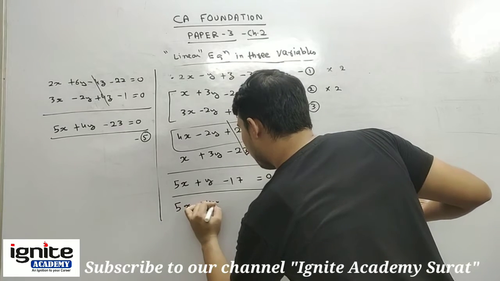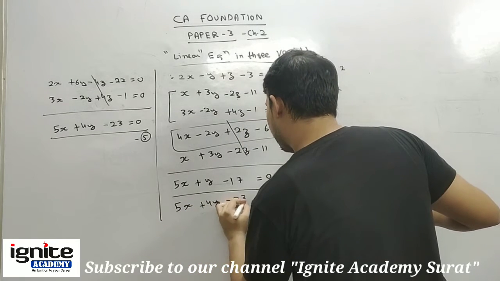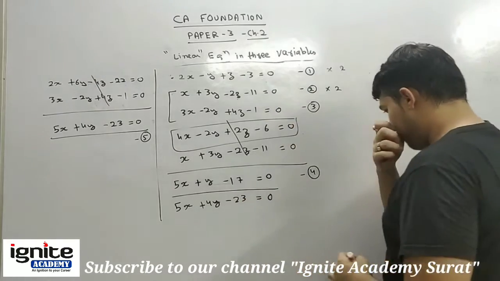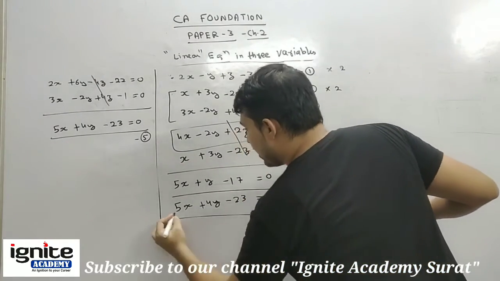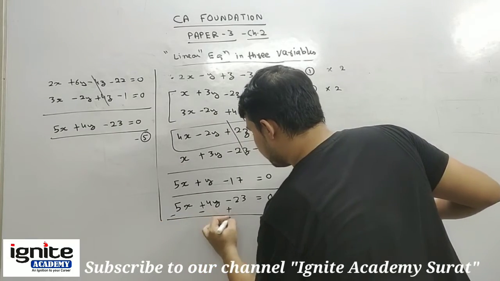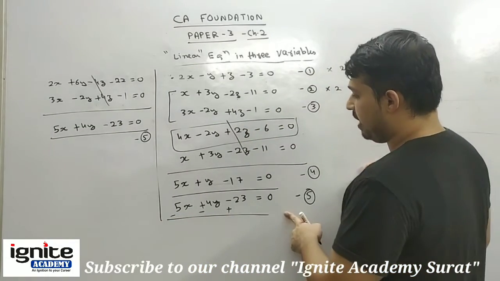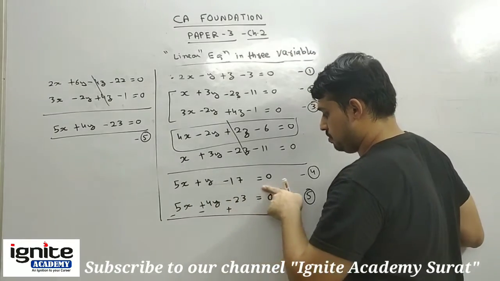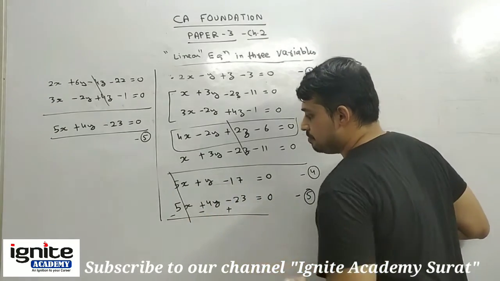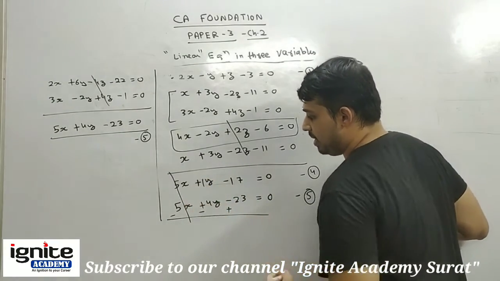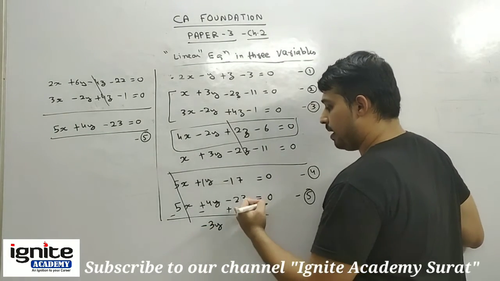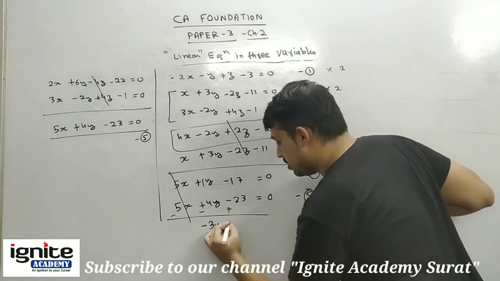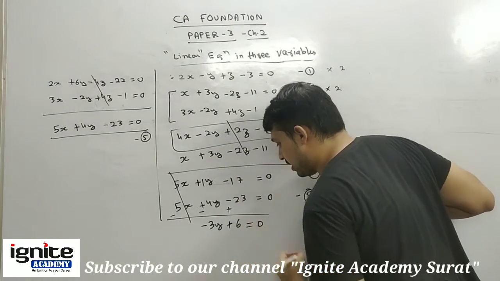5x plus 4y minus 23 equal to 0. This is equation 5. I can simply subtract equation 5 from equation 4. x will be cancelled. y minus 4y is minus 3y, and 23 minus 17 is plus 6.